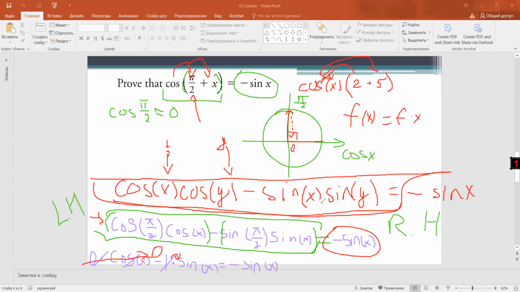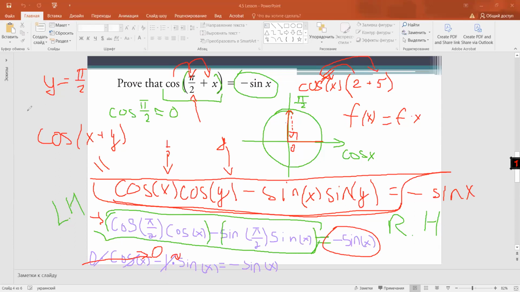If anybody needs more time to copy this down, please let me know. Here I would mention that this equals cosine of x plus y. In our case, y equals pi over 2.